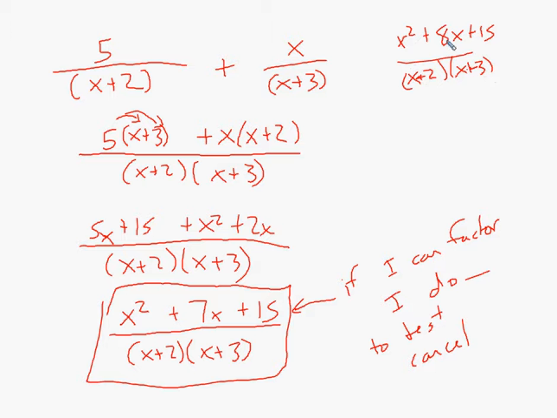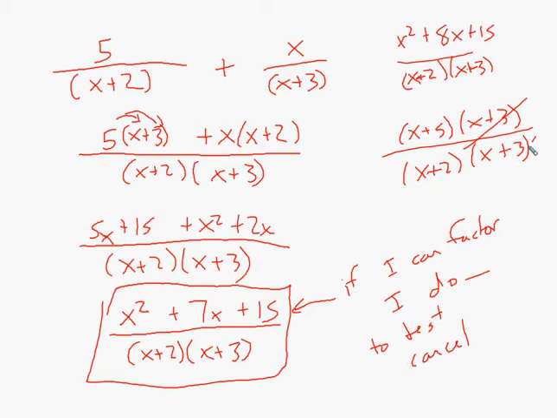The only thing that changed is I got an 8 there. I can factor that, and it factors to x plus 5 times x plus 3, right? And now, just like at the very beginning of the chapter, we can cancel those, and this becomes my answer.